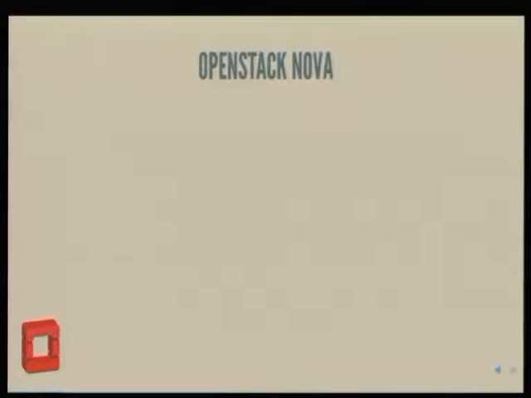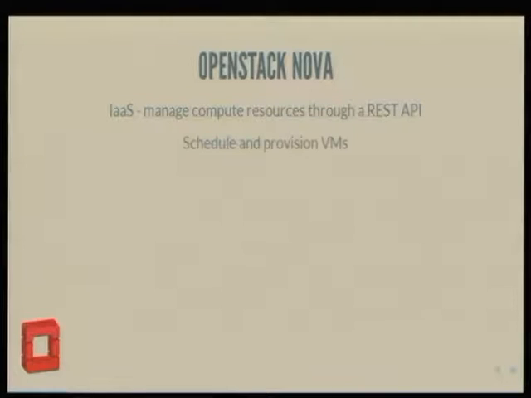So more about OpenStack Nova itself, which is the compute part, which is probably what the next bullet point is going to say. So yeah, manage compute resources, so basically VMs that consume CPU and memory on your compute infrastructure through a REST API. So it allows you to schedule VMs across your pool of hardware.